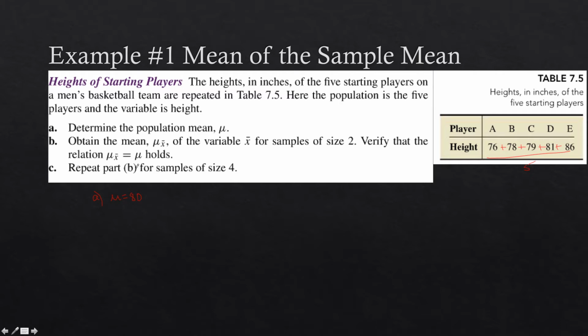What we want to do in letter B is verify that this is true. So, how to go about doing that? Well, this is where you need to pull out the table from our last section.